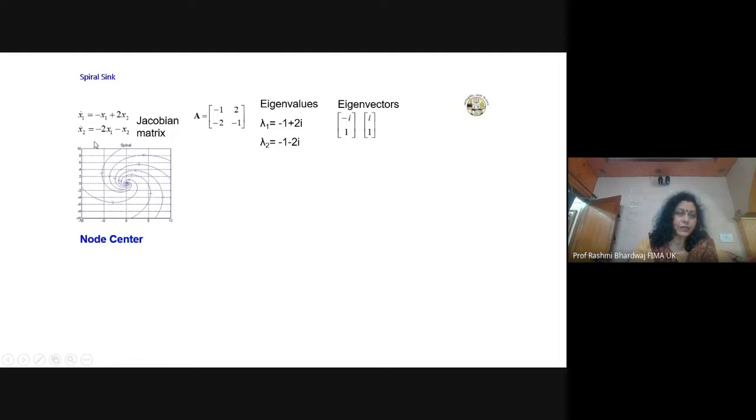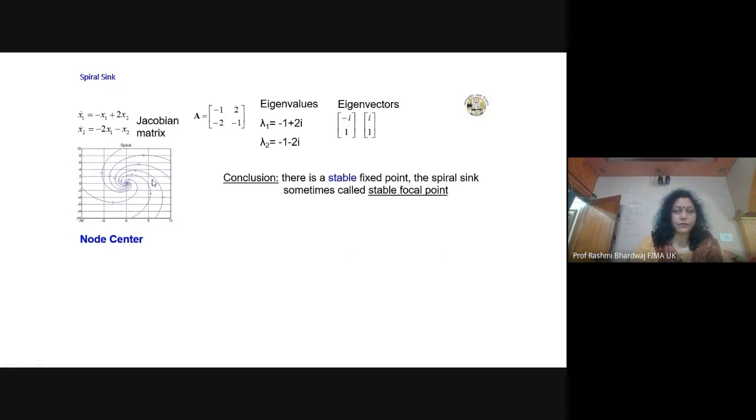So basically for stability, it should be negative. If you have a negative real part, then it is always showing a stable structure. So this is a stable fixed point which is called a stable focal point or stable spiral.